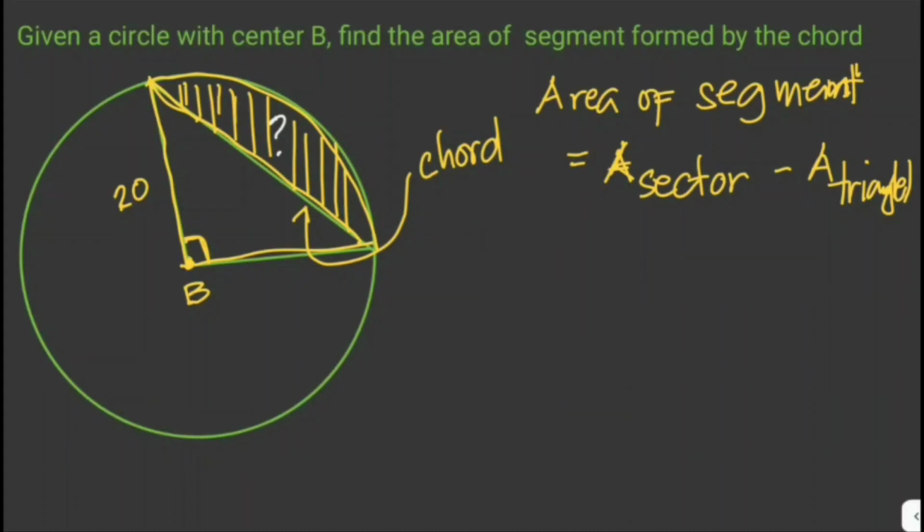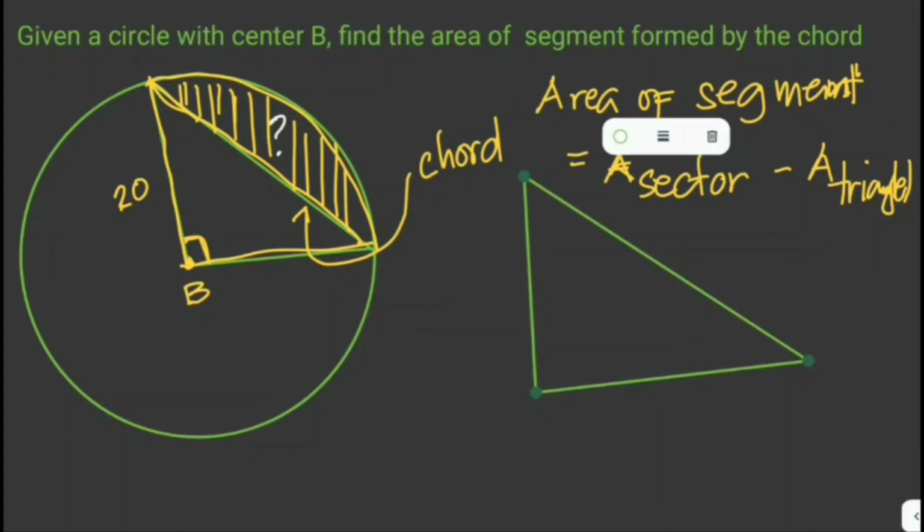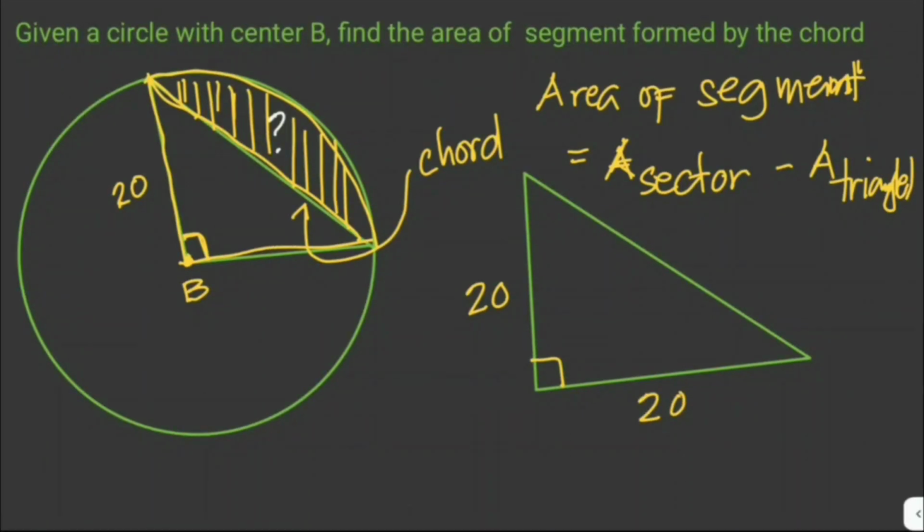Now let's solve for the area of the triangle first. It's given that the triangle here is a right triangle and one of the legs is equal to 20, which is the radius of the circle. Therefore, this other leg here is also equal to 20. And now we can solve for the area of the triangle.